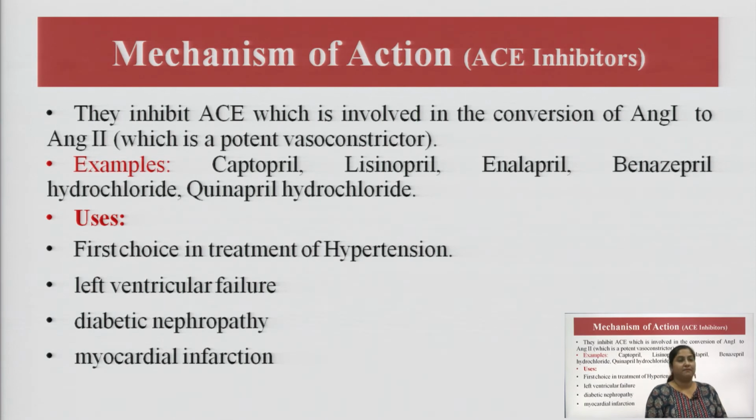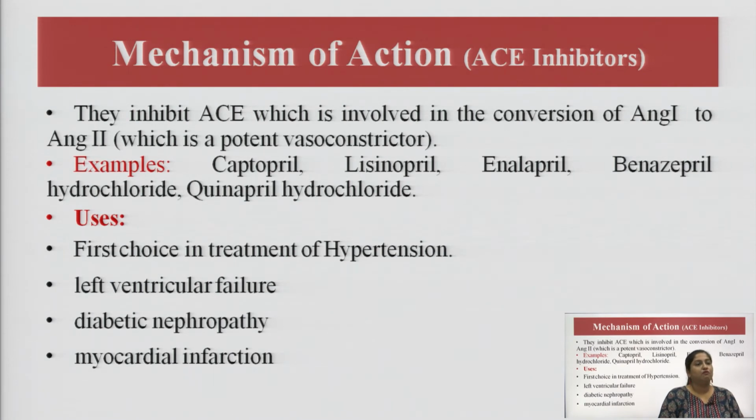Then comes the mechanism of action of ACE inhibitors. They inhibit ACE, which is involved in the conversion of angiotensin 1 into angiotensin 2. That means what happens here? There is a vasoconstriction here. ACE helps in the vasoconstriction.